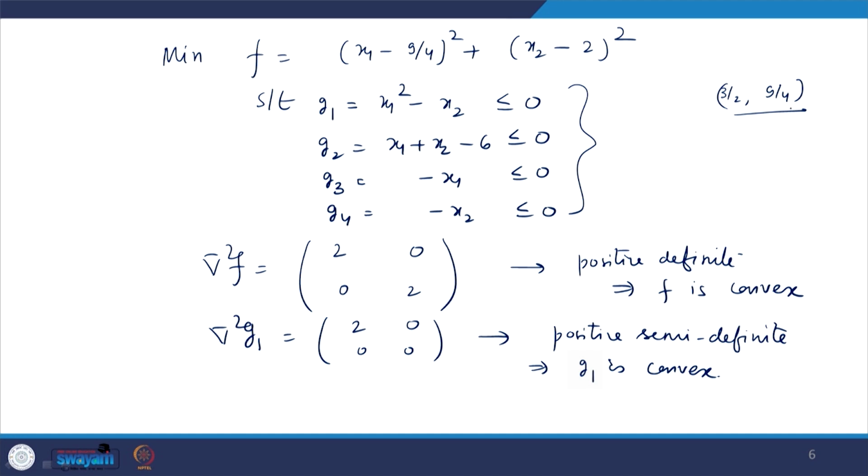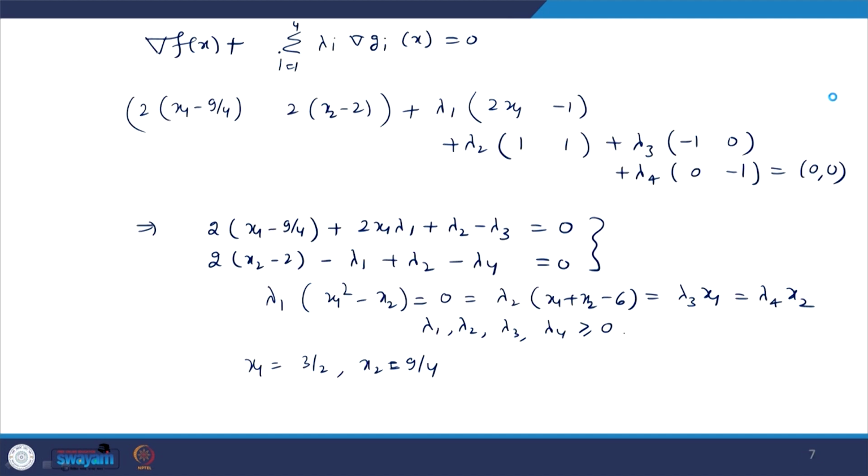It is 6/4 plus 9/4, that is 15/4, minus 6, which is less than or equal to 0, that is true. And x1 squared minus x2, 9/4 minus 9/4 is 0, which is equal to 0. So, that means the first thing is clear: this point is a feasible point.